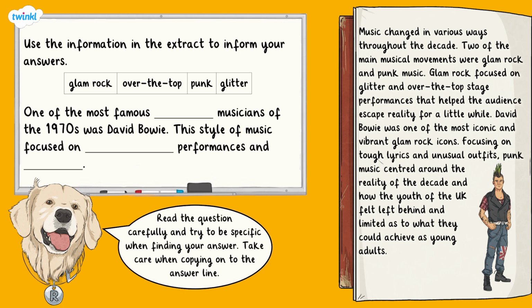This style of music focused on blank performances and blank, and your options are glam rock, over the top, punk, or glitter. Using the information from the text, the answers are: one of the most famous glam rock musicians of the 1970s was David Bowie. This style of music focused on over-the-top performances and glitter.